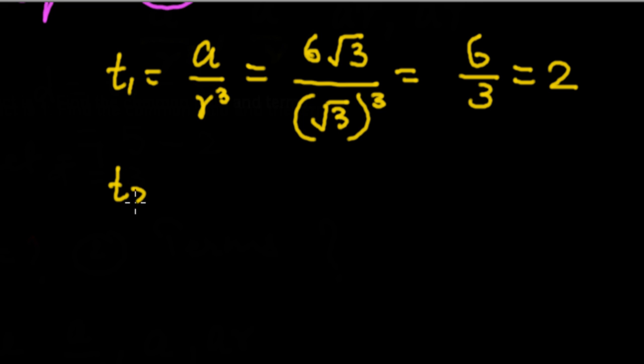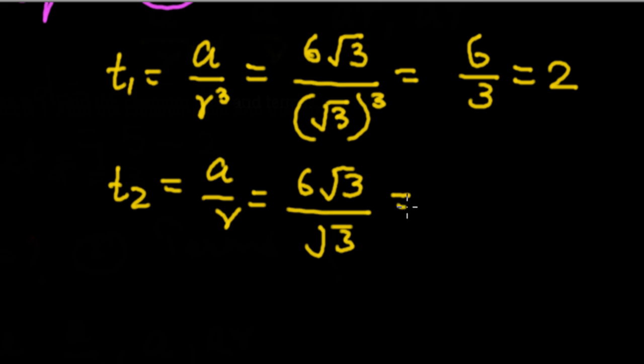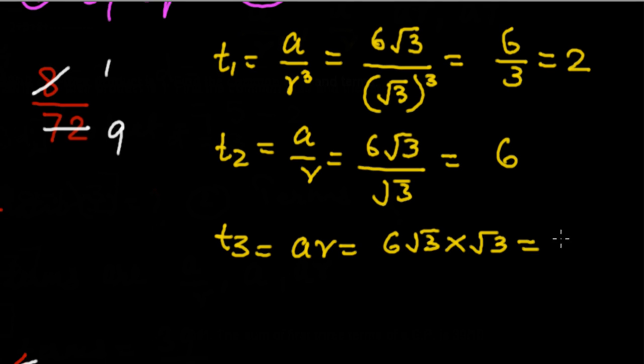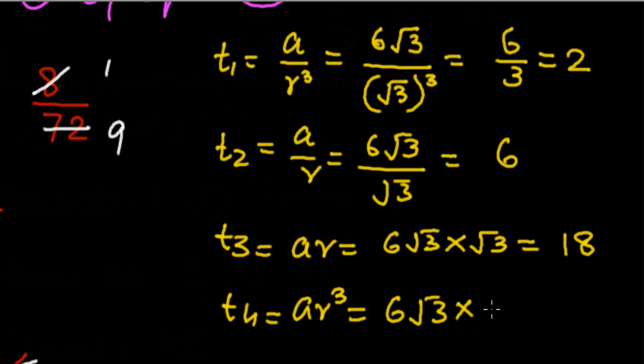T2 is A upon R. A is 6 root 3 and R is root 3, which is equal to 6. T3 is A into R. A is 6 root 3, R is root 3, 6 threes are 18. And T4 is A R cube, which is 6 root 3 into root 3 cube, which is 54.